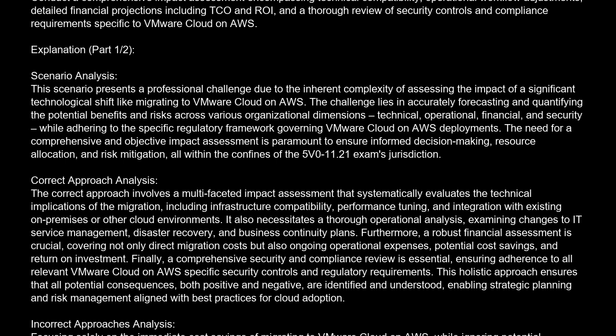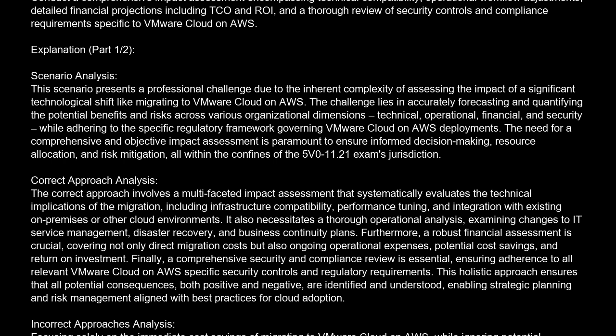Furthermore, a robust financial assessment is crucial, covering not only direct migration costs, but also ongoing operational expenses, potential cost savings, and return on investment. Finally, a comprehensive security and compliance review is essential, ensuring adherence to all relevant VMware Cloud on AWS specific security controls and regulatory requirements.